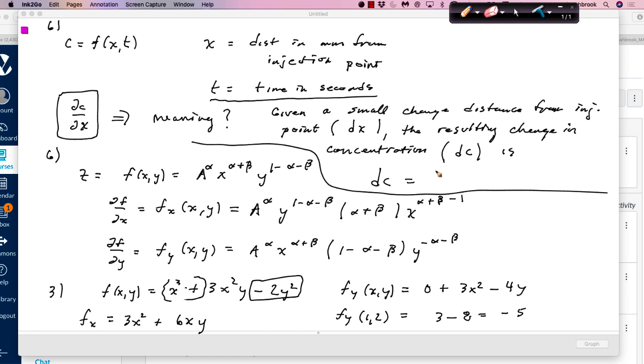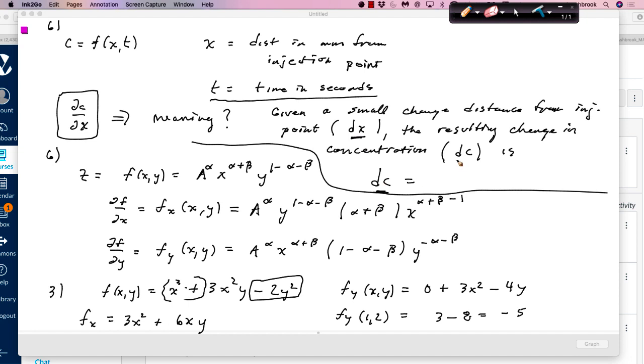No. Anybody remember? So given a small change in the distance down the vein, the resulting concentration change is calculated as?